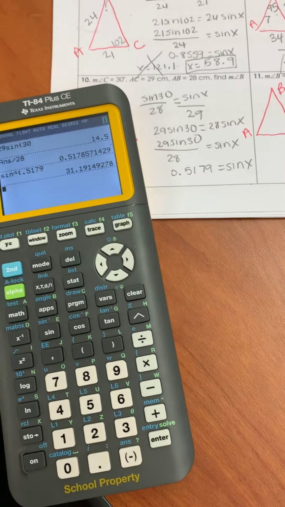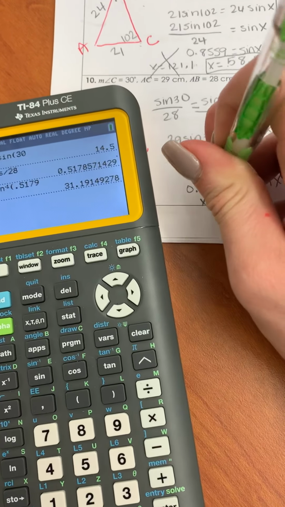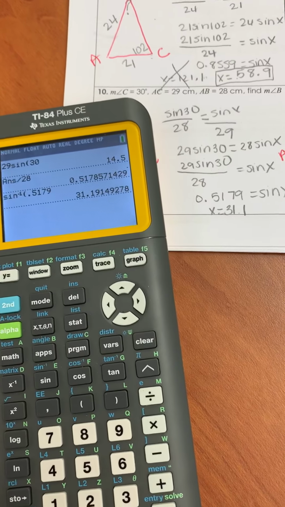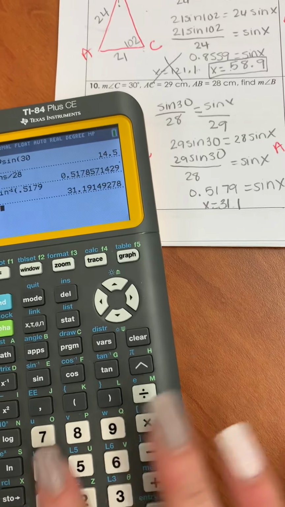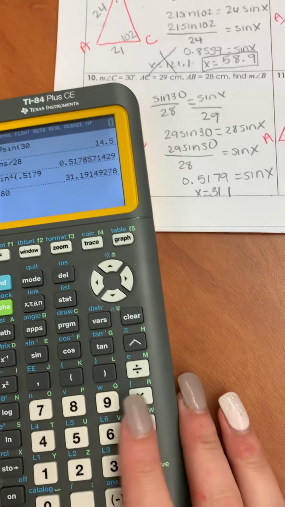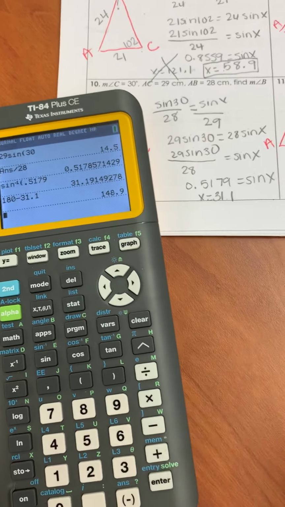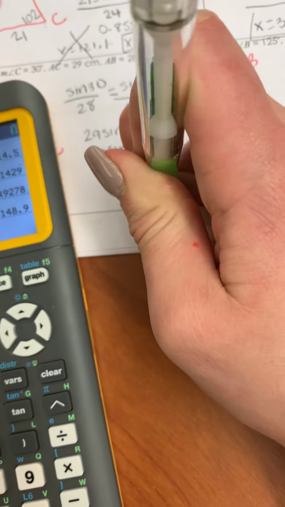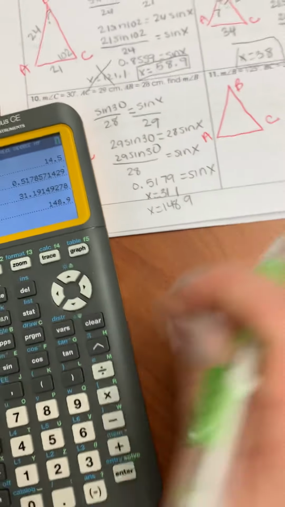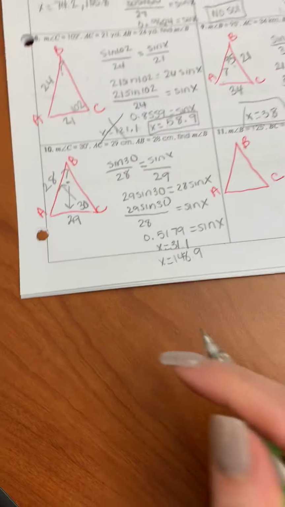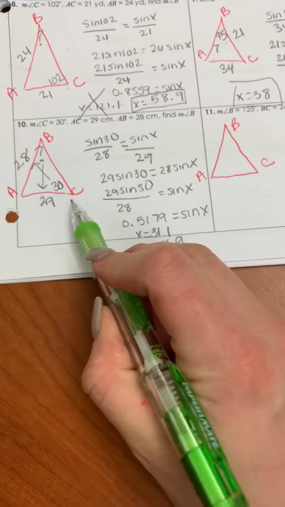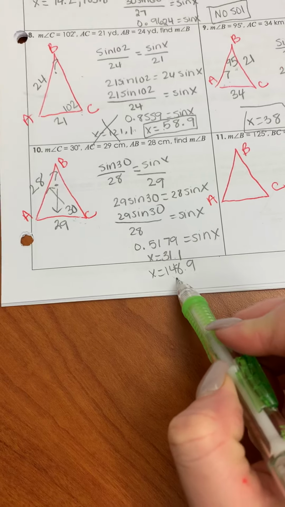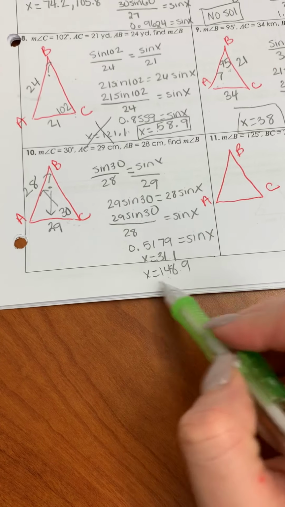And I get 31.1. And the other possible one, let's take 180 and subtract 31.1. It could also be 148.9. So I need to check to make sure that I don't already have an obtuse angle, because this is obtuse. So it's fine because this is acute, so both of these would work.